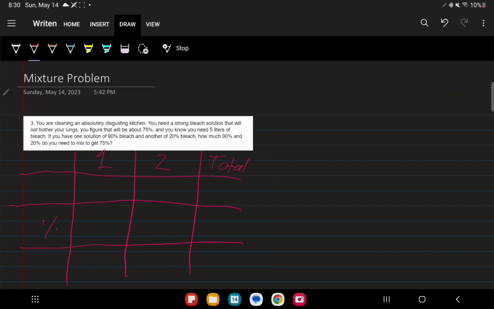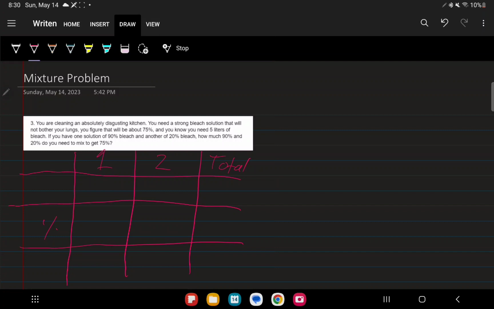First thing I notice a lot of people like to do is take the first set of things that they see and say that's solution 1. Not all the time is that true, so let's make sure we're very careful. Solution 1 and solution 2 are the 2 things you need to mix together.